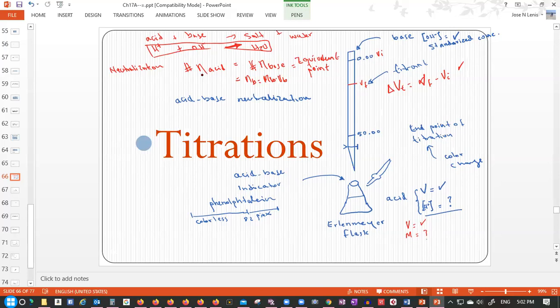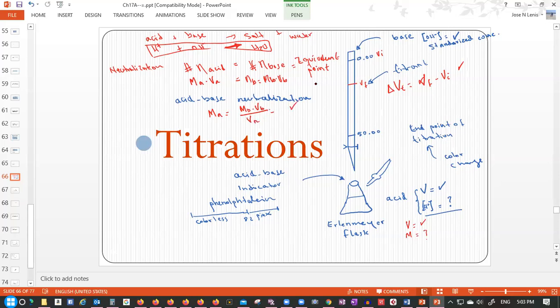So what is the moles of the acid? Moles of the acid equals molarity of the acid times volume of the acid. So we are looking for the molarity of the acid because that's the purpose of the whole titration, to find the concentration of the unknown. So from there, molarity of the acid equals molarity of the base times volume of the base over volume of the acid.